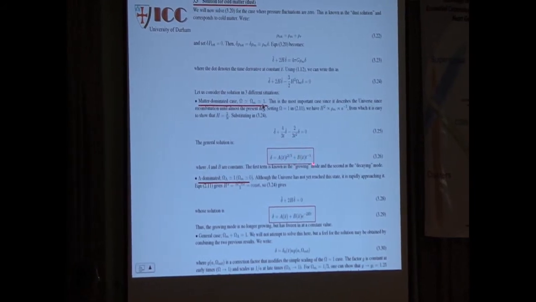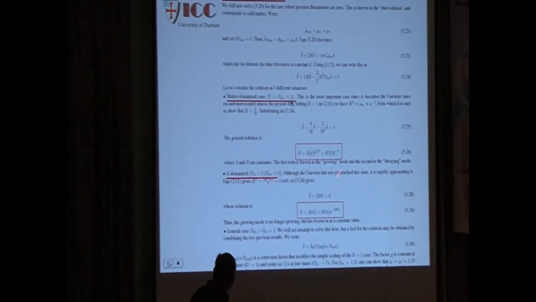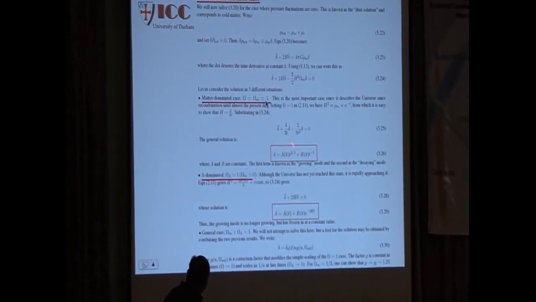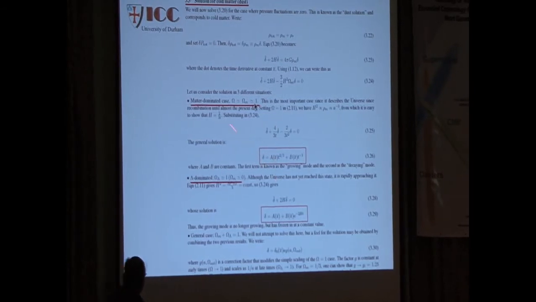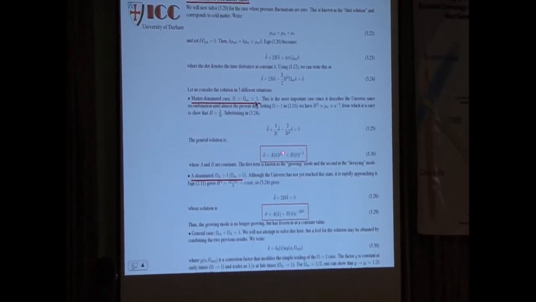All these solutions have a growing and decaying mode. The decaying mode decays away, and you see it quite nicely in simulations. You see it decay away, and then this term is a growth term, and in this particular case, delta just grows proportional to t to the 2/3.